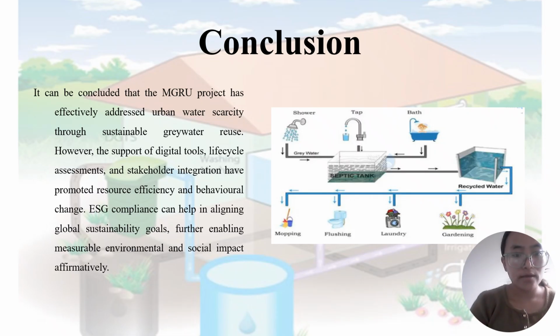It can be concluded that the mobile greywater recycling unit project has effectively addressed urban water scarcity through sustainable greywater reuse. However, the support of digital tools, life cycle assessment, and stakeholder integration have promoted resource efficiency and behavioral change.